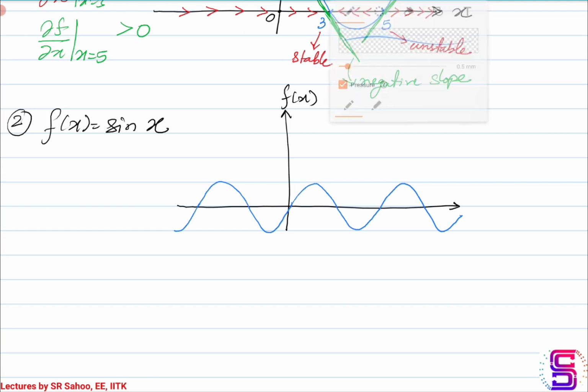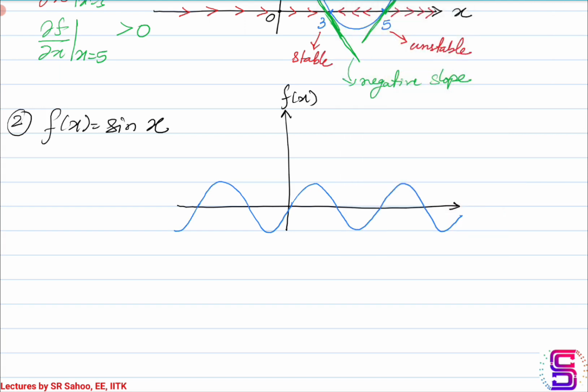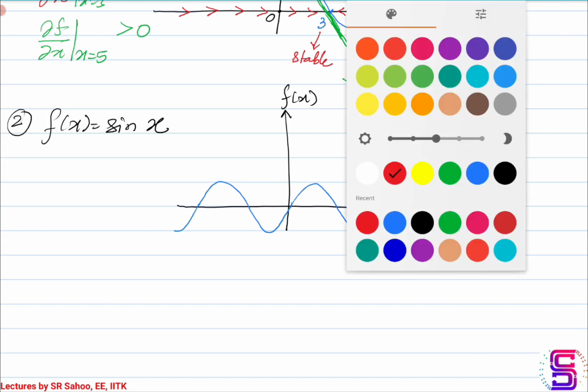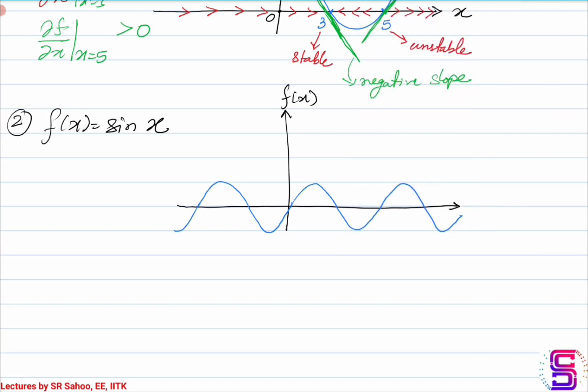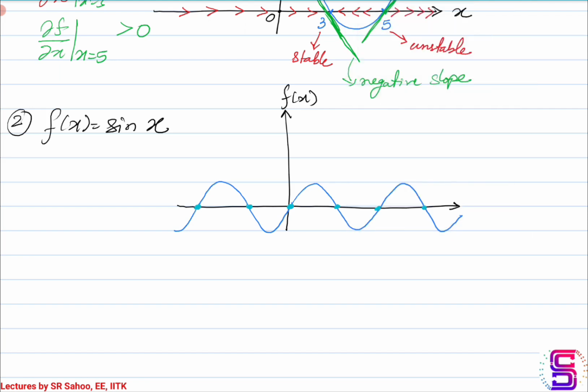So what are the equilibrium points under consideration? The equilibrium points that we have are these ones. These are the equilibrium points, right? So let's start with the equilibrium point at 0, 0, which is this.